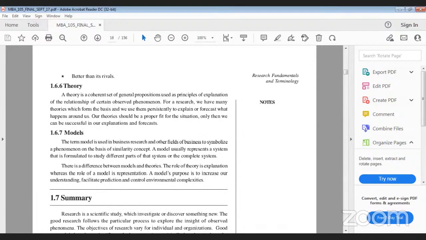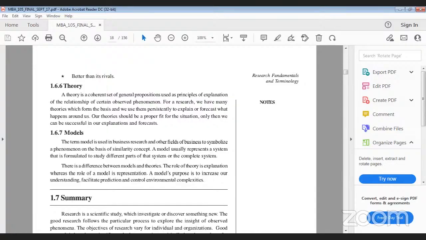Next, hypothetical models. The term model is used in business research and other fields of business to symbolize phenomena on the basis of similarity of concept. A model usually represents a systematic system that is formulated to study different parts of that system or the complete system.